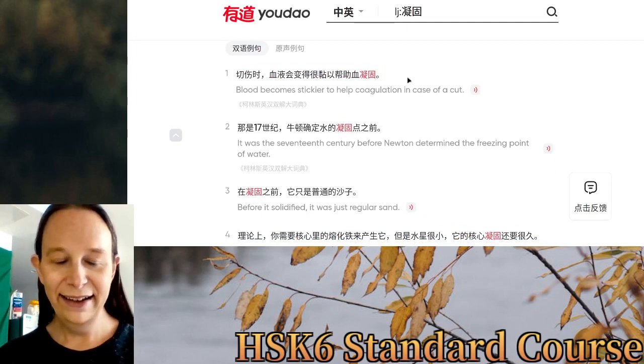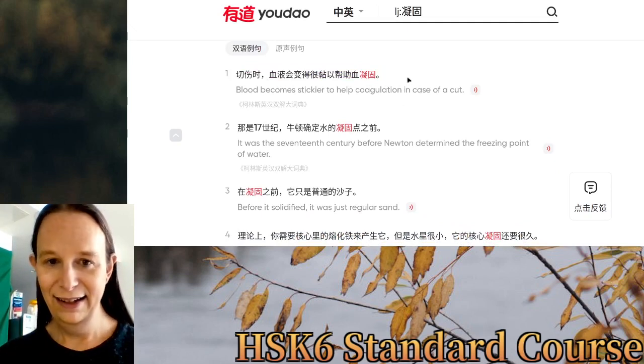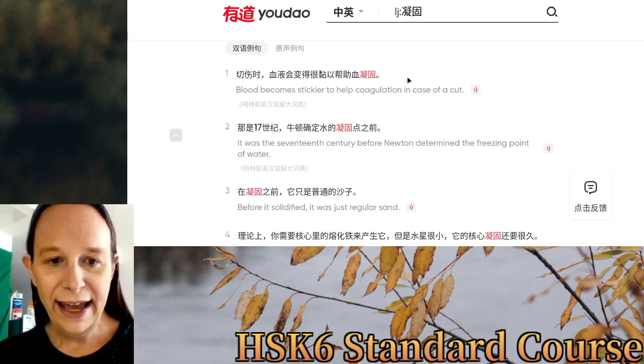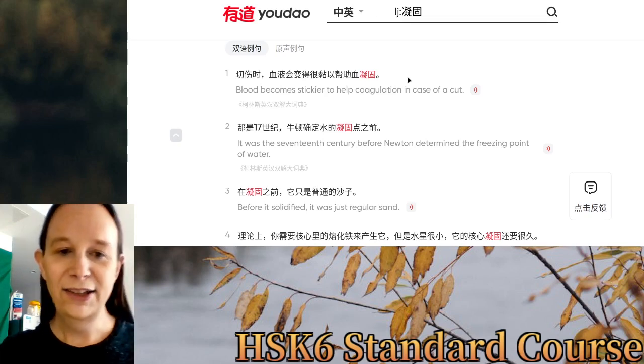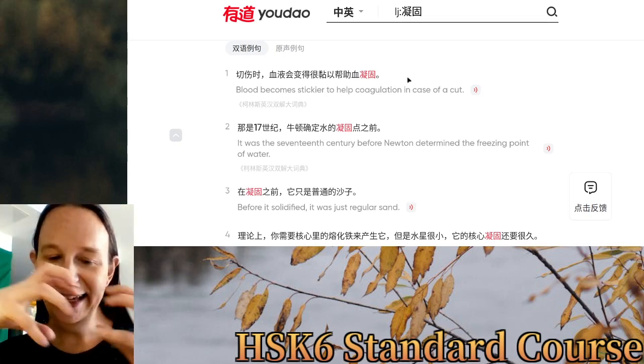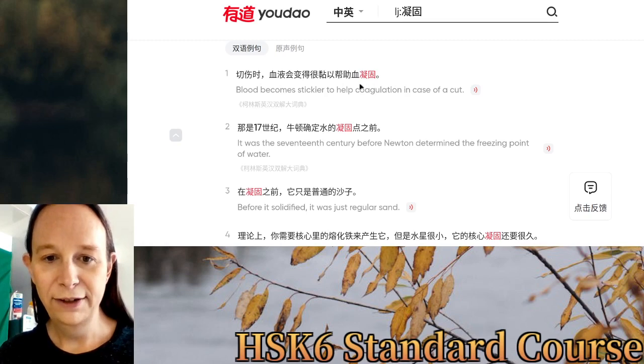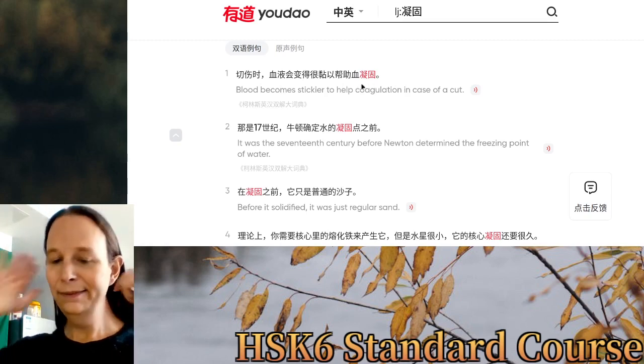Okay, so 切 is a cut, 伤 is a wound. So when you have a wound from a cut, 血液会变得很黏. So your blood becomes sticky. It coagulates, right? 以帮助血凝固, to facilitate it coagulating.